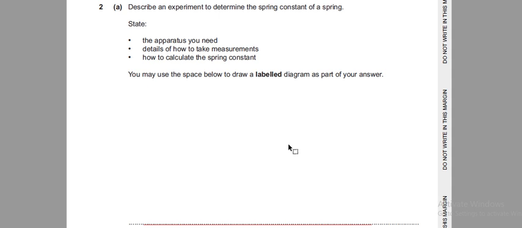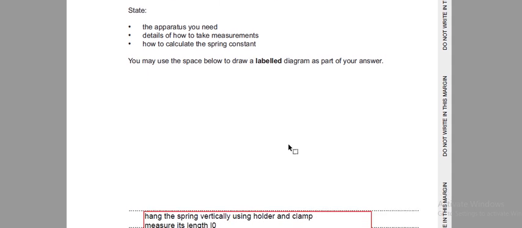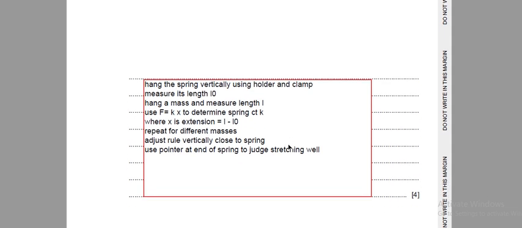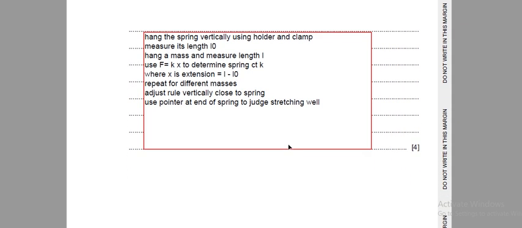Describe an experiment to determine the spring constant. Hang the spring vertically using a holder and clamp. Measure its original length L naught.